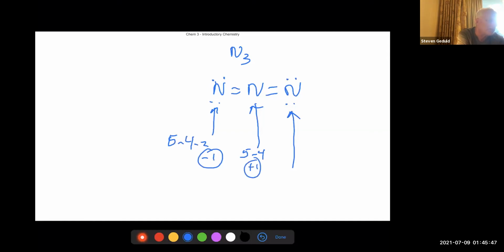And this nitrogen will be the same, 5 minus 4 minus 2, -1. If I put 1, 2, 3, the question would say, what is the formal charge at the nitrogen where the number 2 is? And the answer should be +1. That's how you see the question on your exam.